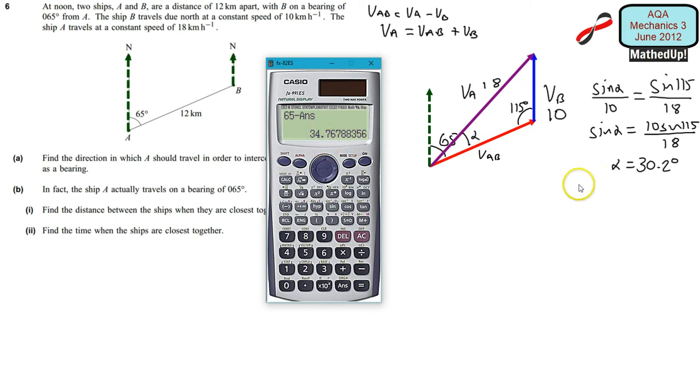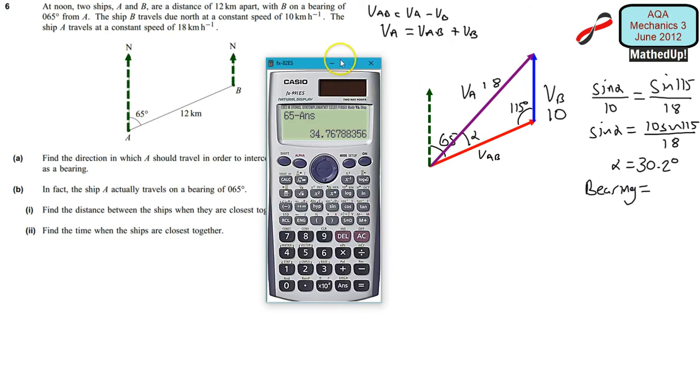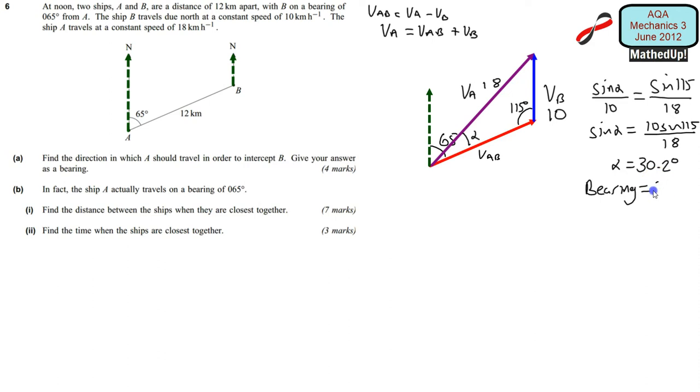So my bearing is going to be 35 degrees, let's call that, so 035 degrees. Okay, so I now know part A, and I've worked out the bearing.